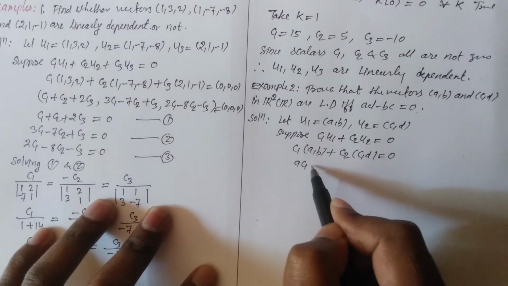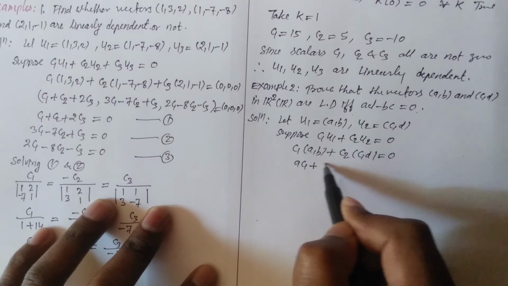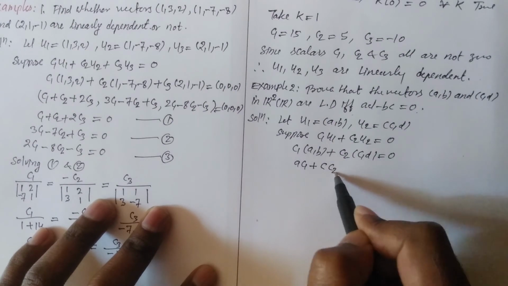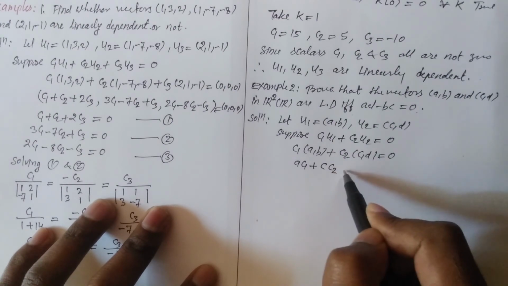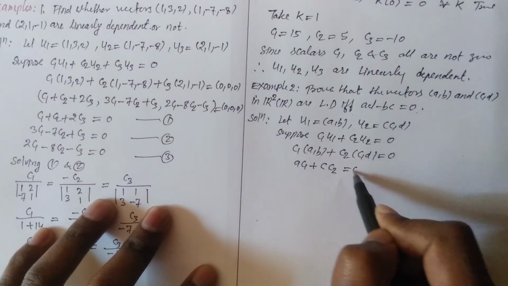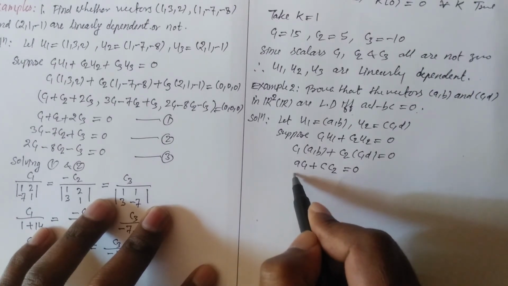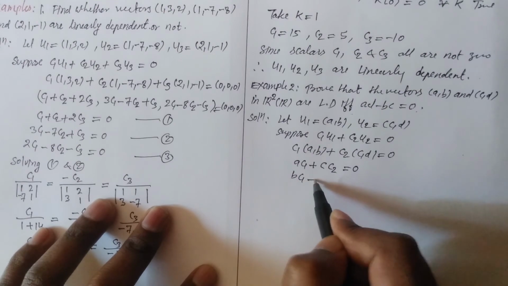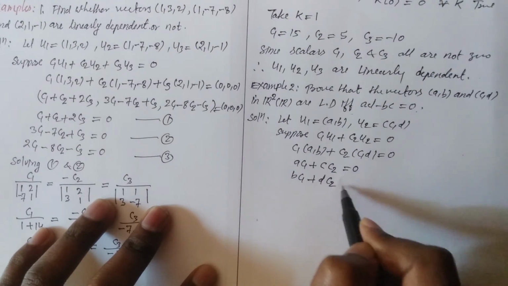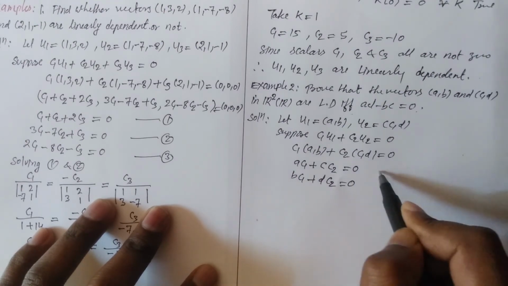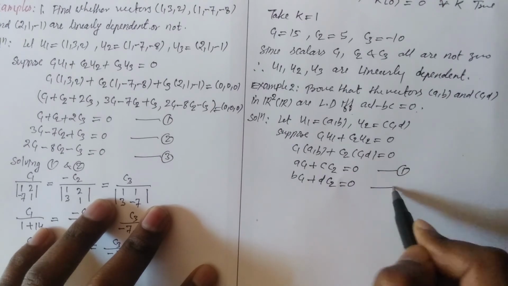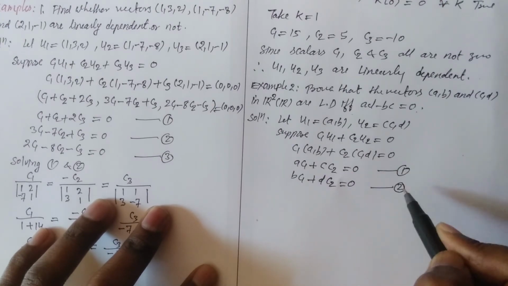A C1 plus C C2 equal to 0, and next one B C1 plus D C2 equal to 0. So name this equation number 1 and this equation number 2.